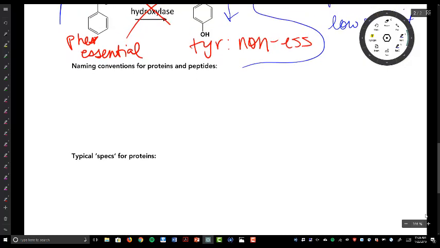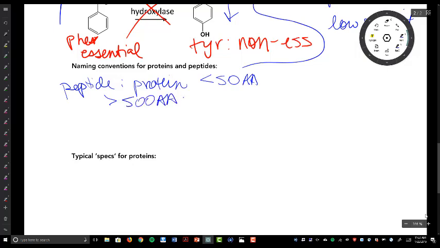All right, now, just a really quick naming convention for proteins and peptides. Peptide is a name we use for a protein or a polypeptide that has less than 50 amino acids. Once we get greater than 50 amino acids, we're considered a protein or a polypeptide.